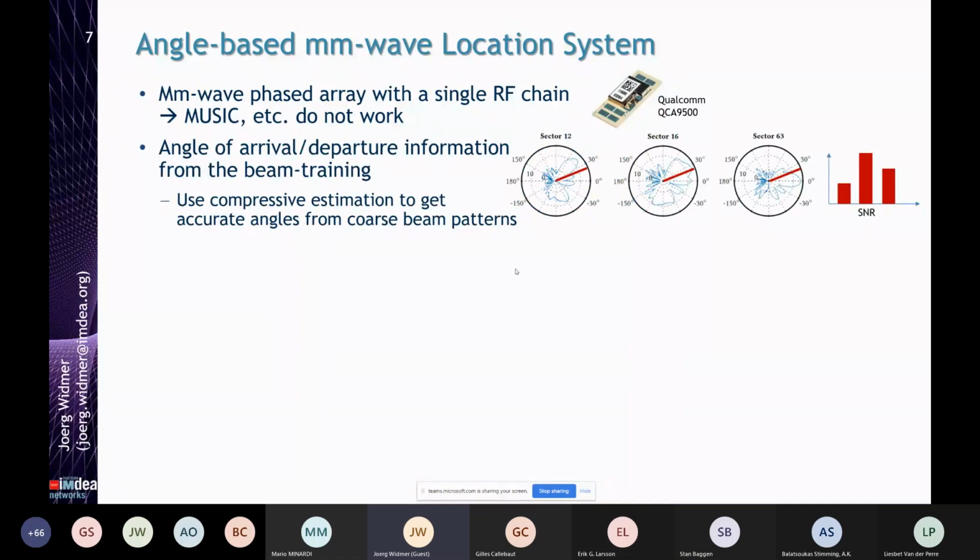They cannot directly be applied to millimeter wave because millimeter wave has multiple antennas, but it does not have MIMO. This is not a MIMO system where every antenna has an RF chain. It has a single RF chain only. So you only see the channel after the beamforming has already taken place.